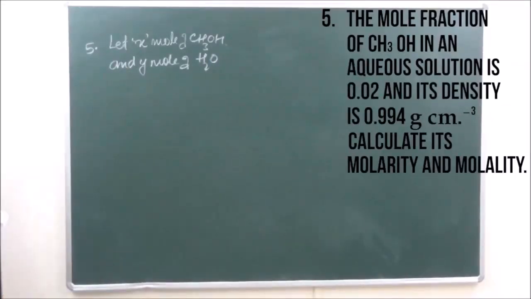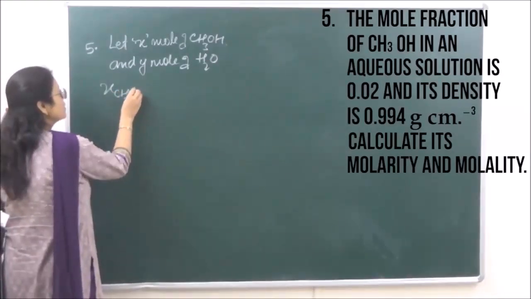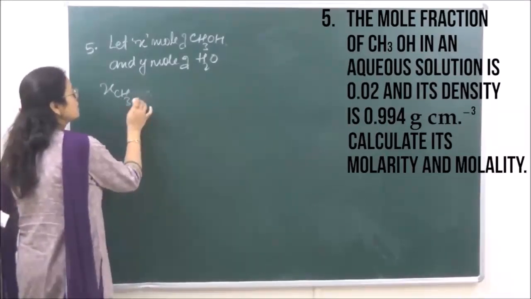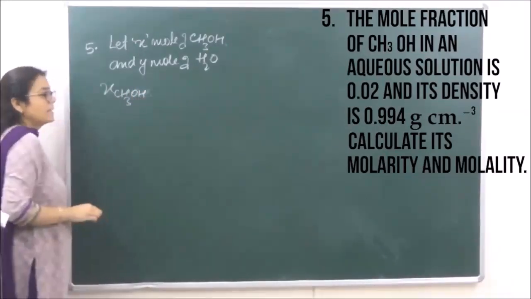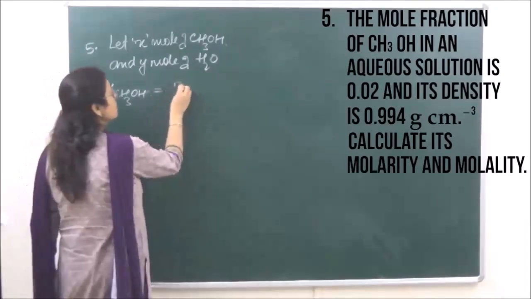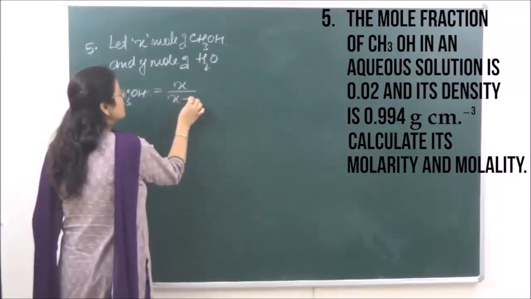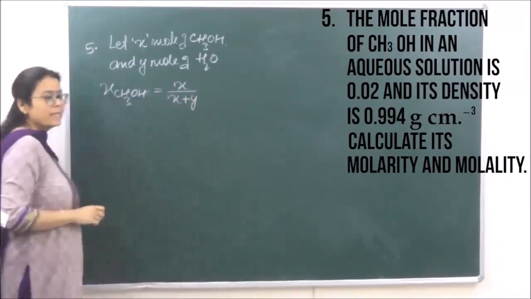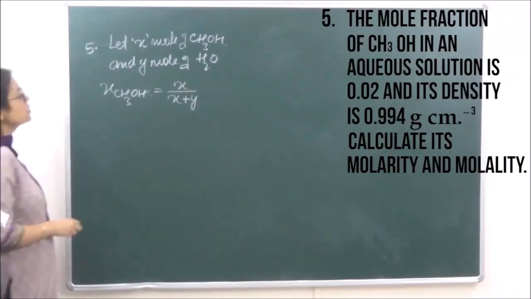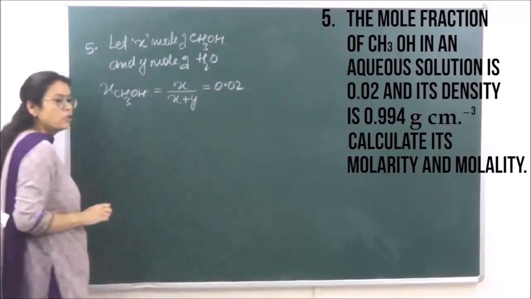Now when we are calculating the mole fraction of CH3OH, that will be equal to what? Number of moles of X upon total number of moles, X plus Y, right? And the mole fraction which is given to us is 0.02 in the question.